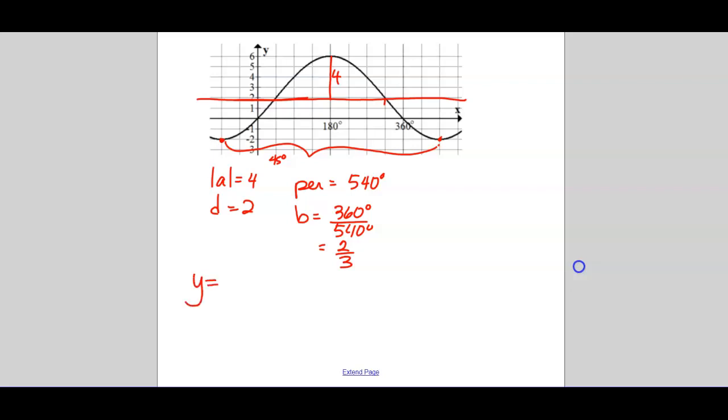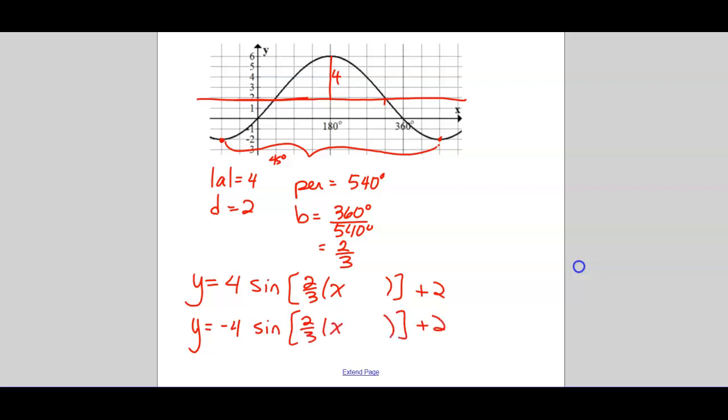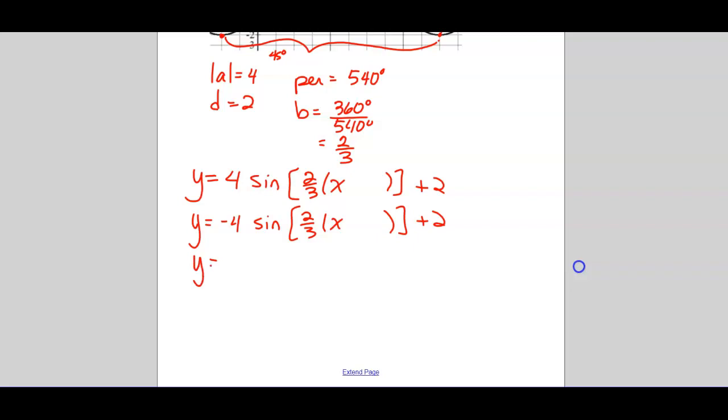So y equals 4 sine 2/3 x plus 2. Y equals -4 sine 2/3 x plus 2. Y equals 4 cos 2/3 x plus 2.